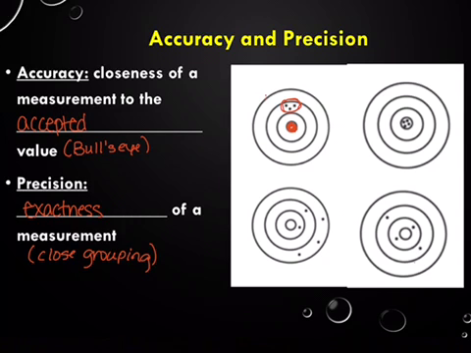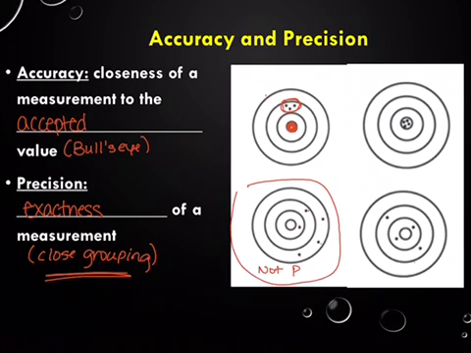If we look at this target down here, you'll notice that all 5 shots are pretty well spread out. So they don't have a close group. So this is not precise. And if we look at the bullseye, as a group, they're not very accurate because they're not hitting the desired target.